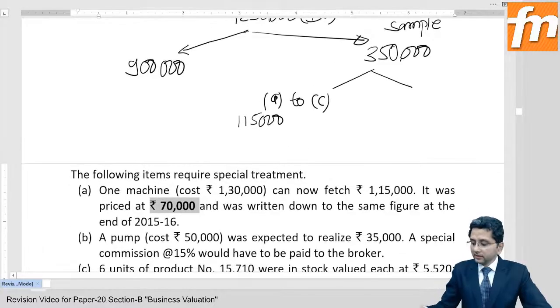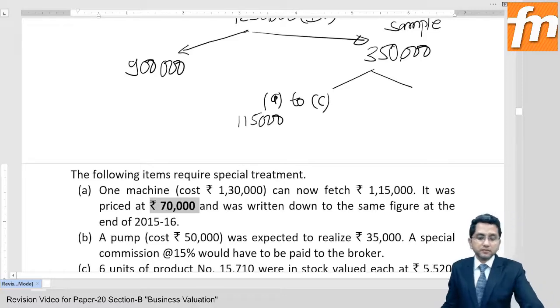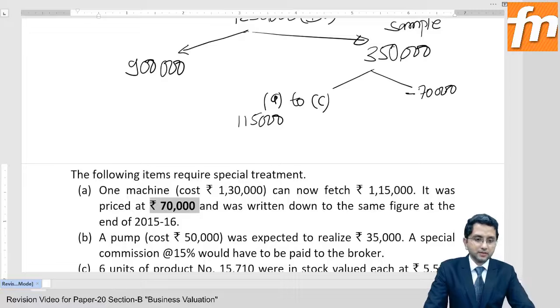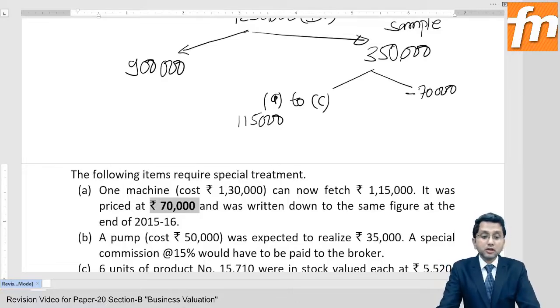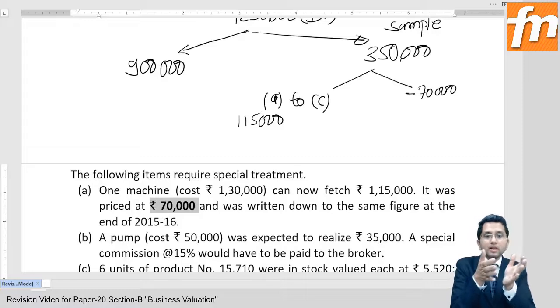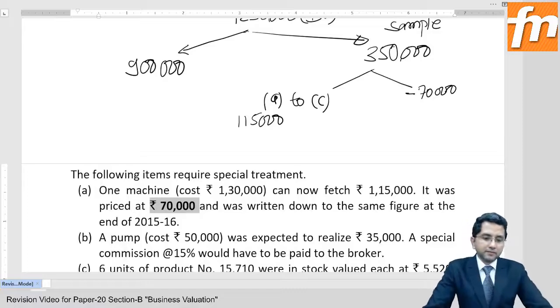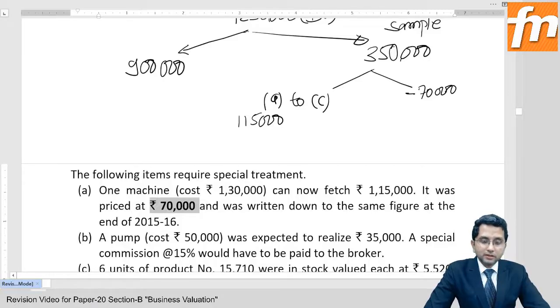So you can do one thing: out of this 3,50,000, first of all, you need to deduct 70,000 rupees to arrive at the cost of remaining inventory. Out of the sample, if you deduct the ABC items, the rest will be the book value of remaining inventory. So out of this 3,50,000, an item with book value of 70,000 has a cost of 130 and realizable value of 115. So cost and realizable value, whichever is lower. Therefore, I take realizable value 1,15,000.